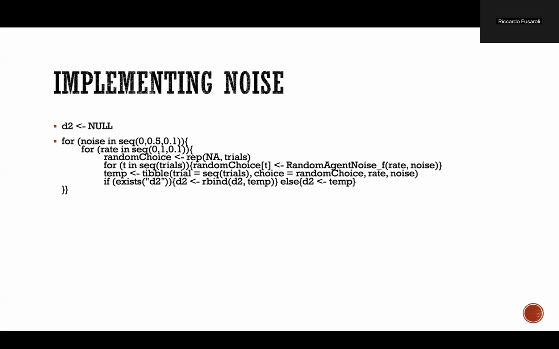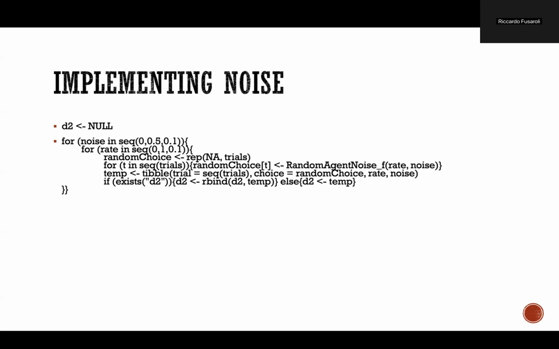So we implement it to observe the implication of the model that we're building. We create a new data set called D2. And now we have a nested loop. So first, we loop through different levels of noise, right? And we're going to say that the noise starts at 0, no noise.